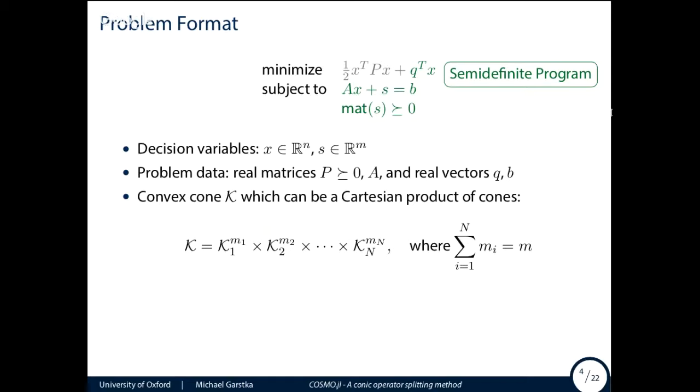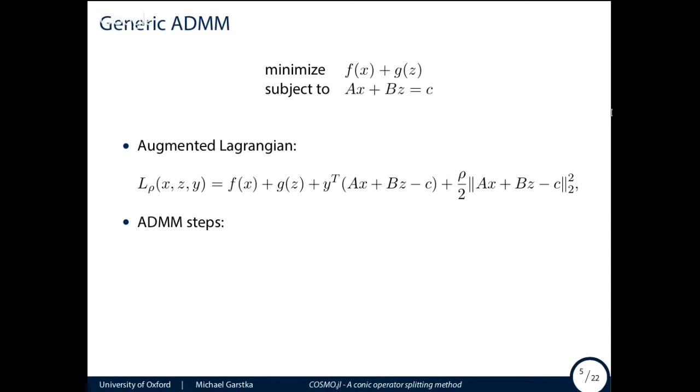And we solve this kind of problem with a method called alternating direction method of multipliers, or ADMM. And that's a first order method. This is just a slide to review what ADMM does in case you're not aware of that. ADMM assumes that you split your objective function in two parts with two different sets of variables, x and z.